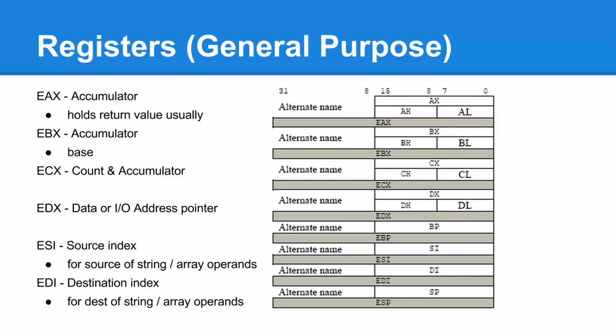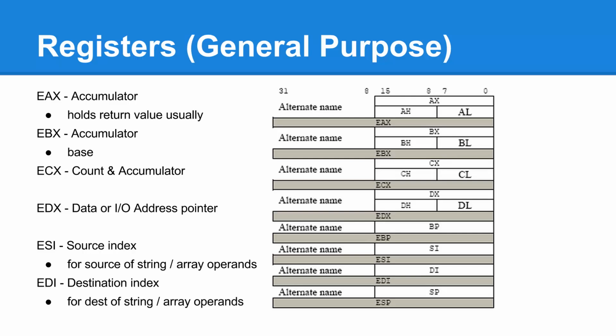EAX is commonly used as an accumulator value, but also typically holds the return value from any given function right before it returns. EBX is also used as an accumulator, but often used for base calculations with regard to arrays and pointers into arrays of objects.